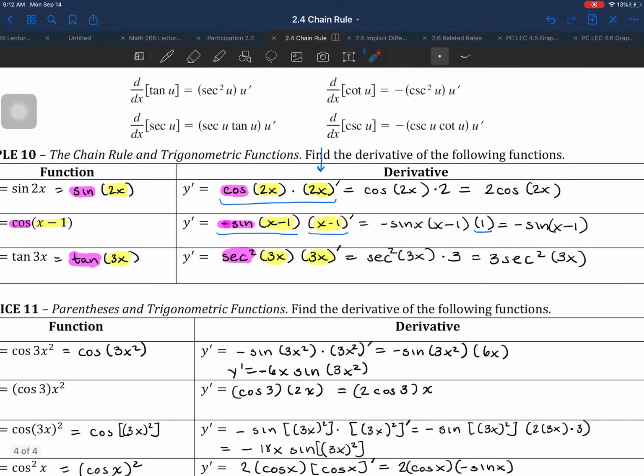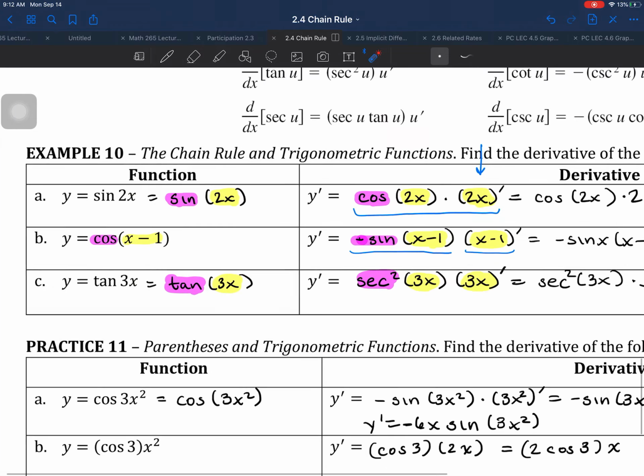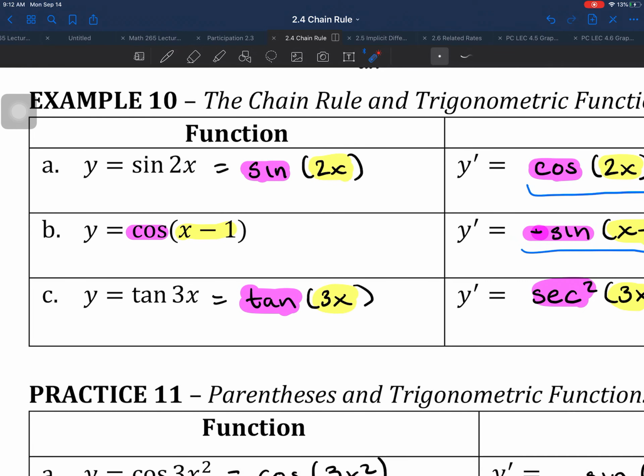Now I remind you guys that this is something that students may erroneously think of when they look at sines. For some reason, students think that this is a product. Sine of 2x is not a product. Tangent of 3x is not a product. Cosine of x minus 1 is not a product.